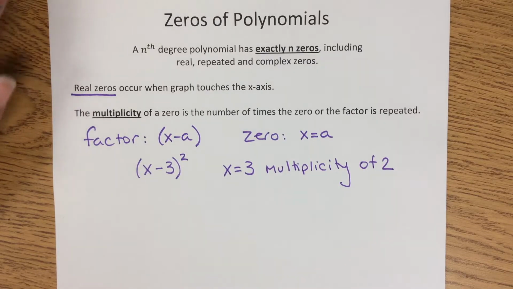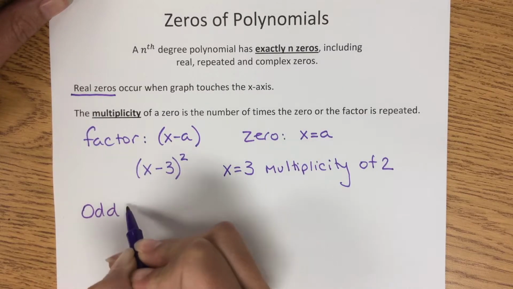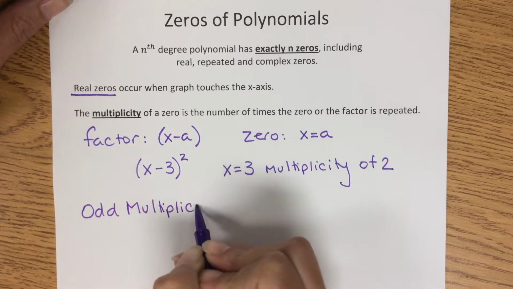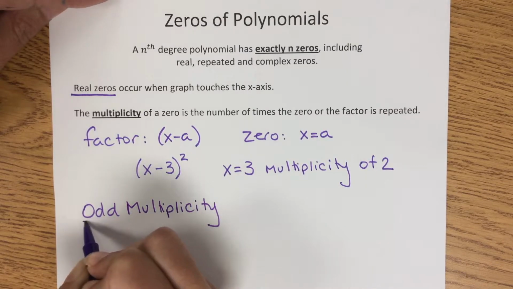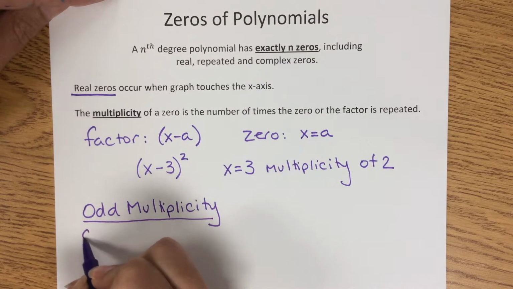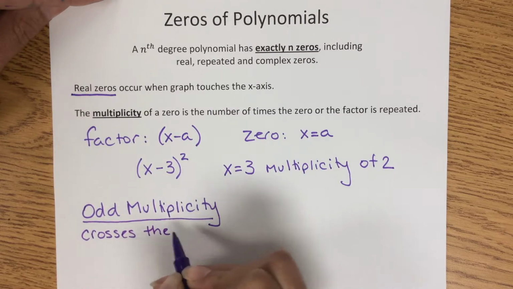Now, depending on whether the multiplicity is odd or even is how our behavior looks on our graph. If you have odd multiplicity, your graph will cross the x-axis at that zero.